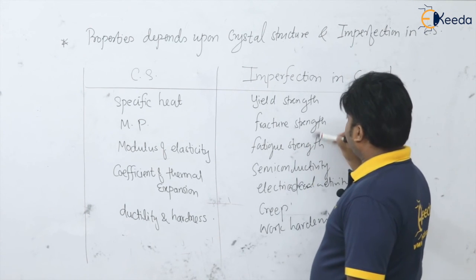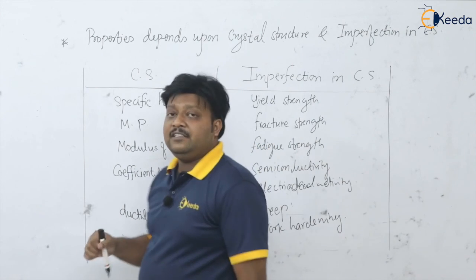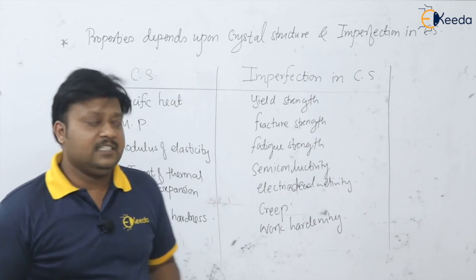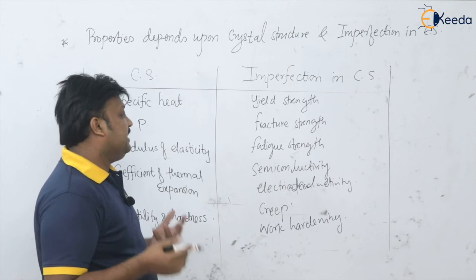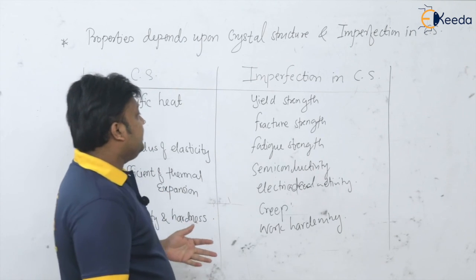So we have yield strength, fatigue strength, fracture strength, semiconductivity, electrical conductivity, creep, then work hardening.